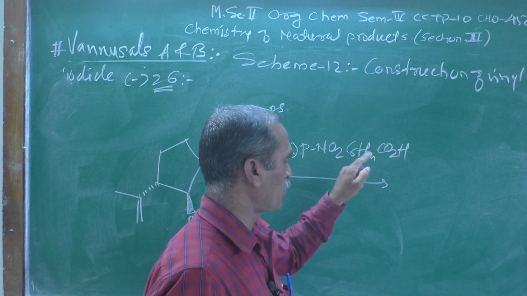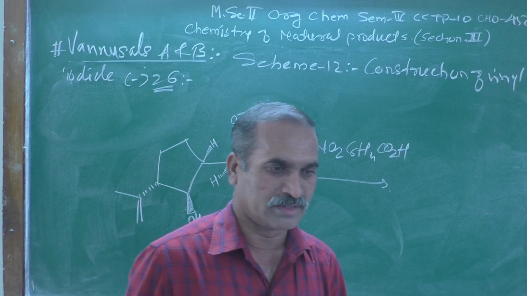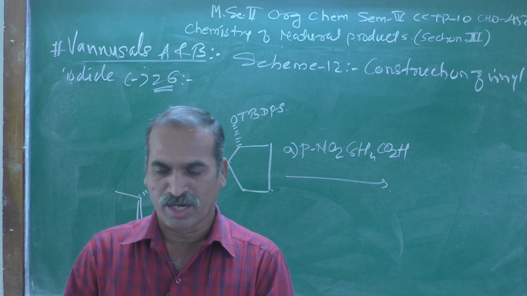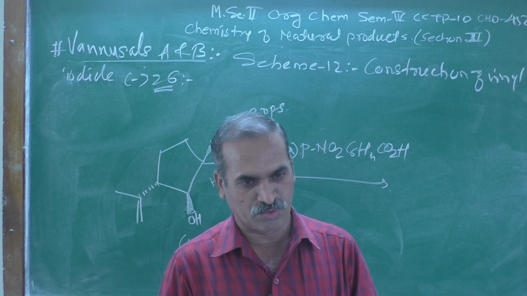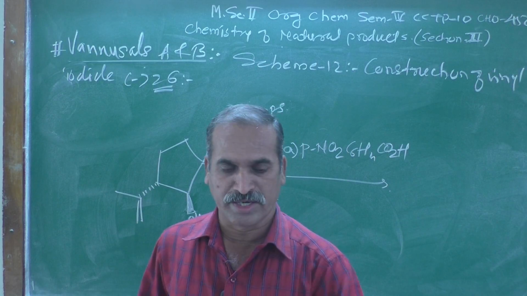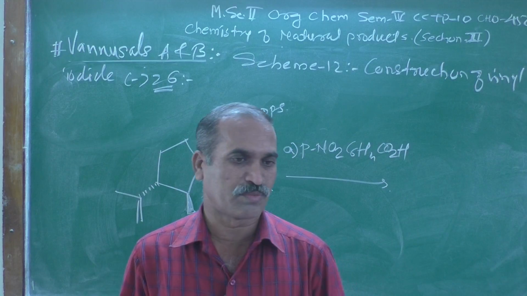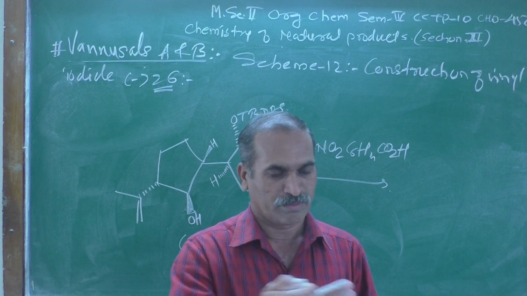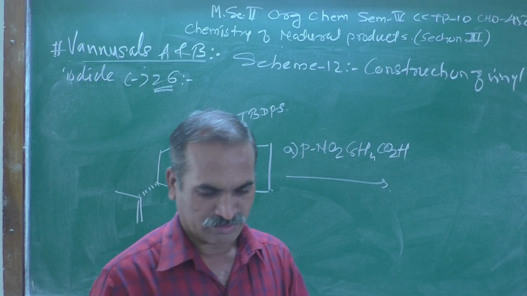Here two hydrogen atoms are less. If you remember the molecular formula of benzene, C6H6, two hydrogen atoms being less clearly indicates that it is a disubstituted benzene and both substituents are present para to each other.